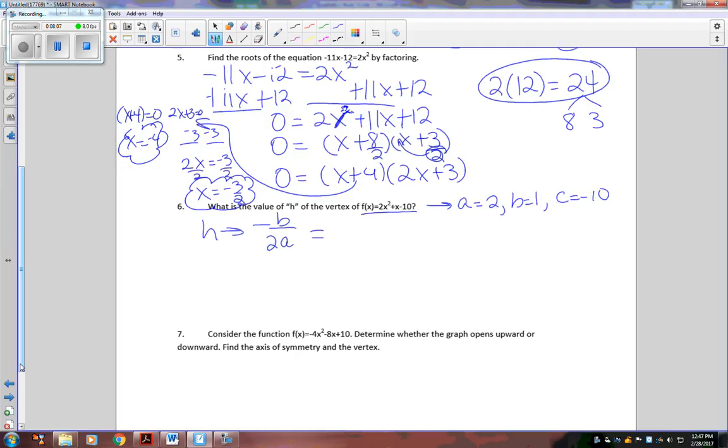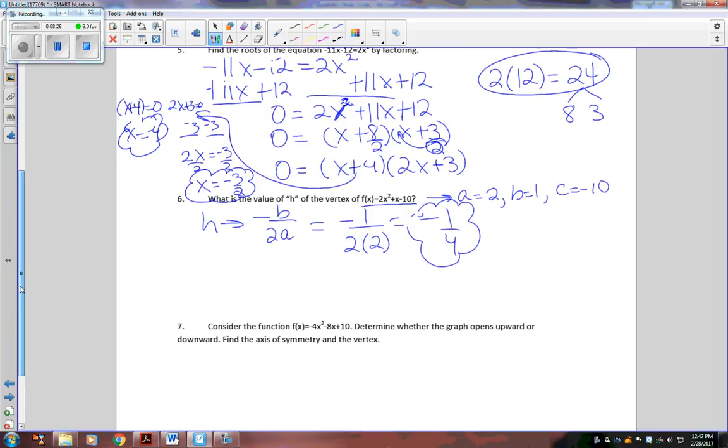So negative b, that would be the opposite of b, negative 1, over 2 times a, which is 2, giving you negative 1/4. That is h. Now, by the way, if I wanted to find k, I would substitute negative 1/4 back into the original equation. I think we have one like that in a minute. Pause the video and do number 7.